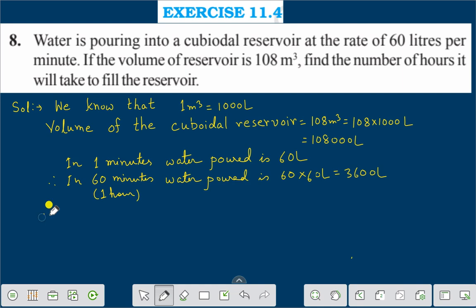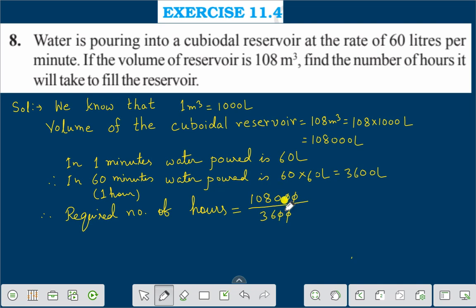Therefore, the required number of hours is equal to 108,000 divided by 3600. This 0 will cut, and this 0 will cut.